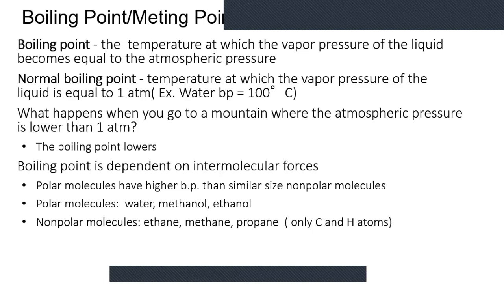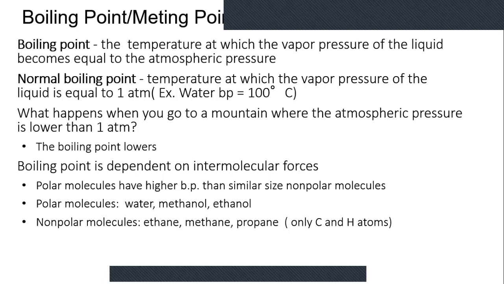So if you were to climb up to the top of the mountain where the atmospheric pressure is lower than 1 atmosphere, the boiling point is actually going to drop. And this is because the atmospheric pressure is lower on the higher elevations, so the boiling point lowers. And this is why when you look at some foods, it gives you special instructions for high altitude cooking, because at higher altitudes, the boiling points decrease.